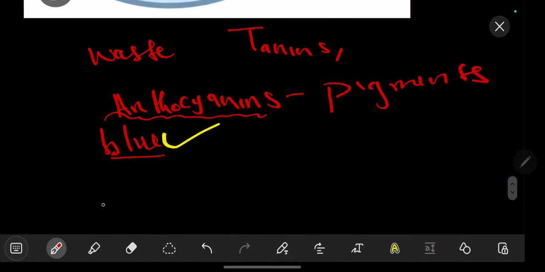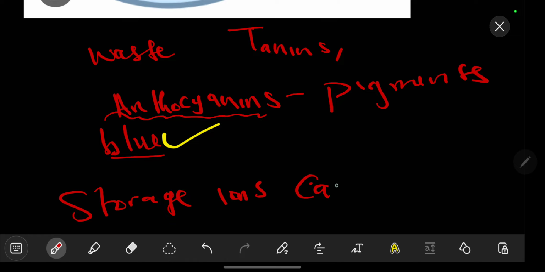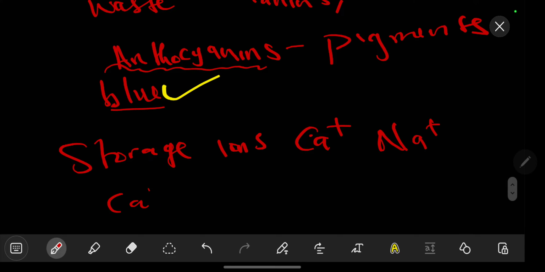The vacuole is also responsible for the storage of ions such as calcium ions, and it can also store sodium ions. So calcium and sodium ions.